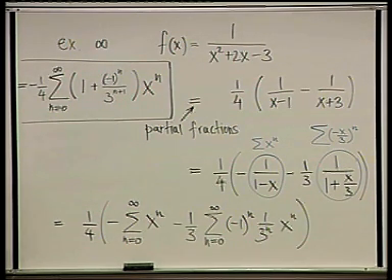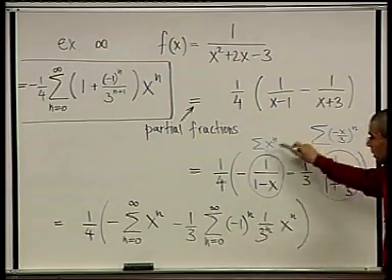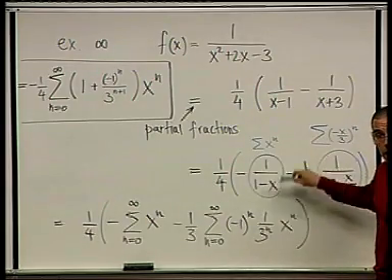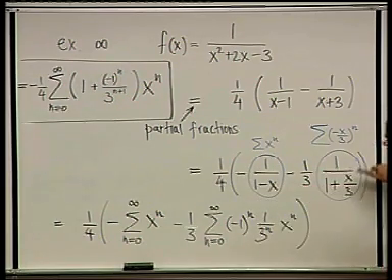Good. What about domain of convergence, very quickly? The domain of convergence for this one was x in absolute value less than 1. Do you agree? The domain of convergence for this one was x over 3 in absolute value less than 1, which means x less than 3.